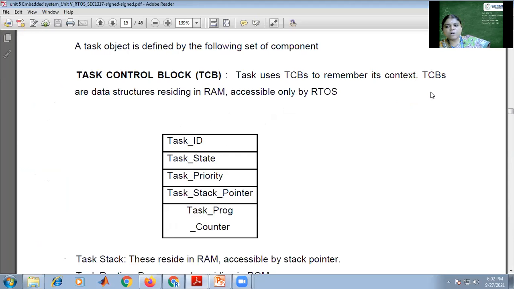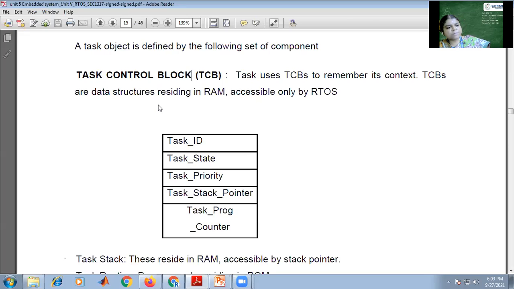In order to prepare the names of who are all going to write the exam, I will be making a name list, isn't it? The name list will include serial number, register number, roll number, mail ID, name, everything. Likewise, the task control block will include everything. When I say task, it could also be an examination.